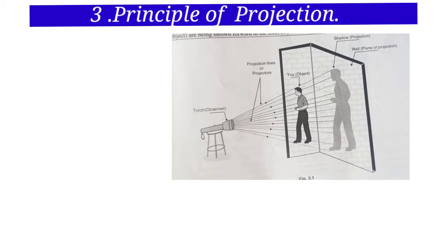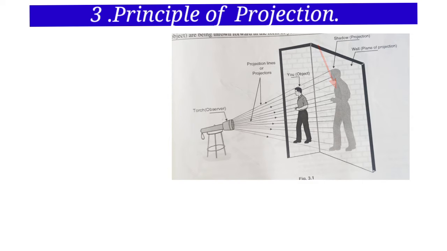Imagine that you are standing in a dark room such that your back is parallel to one of the walls of the room. Now if somebody lights a torch such that the torch is facing toward your body, then your shadow will fall on the back wall and the shape of the shadow outline will be exactly identical to the outer shape of your body.